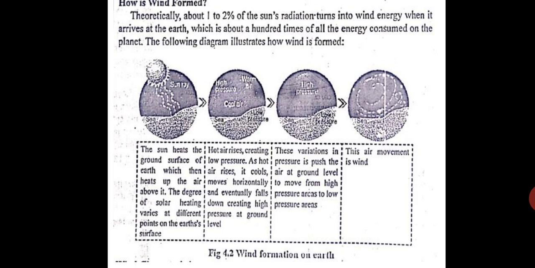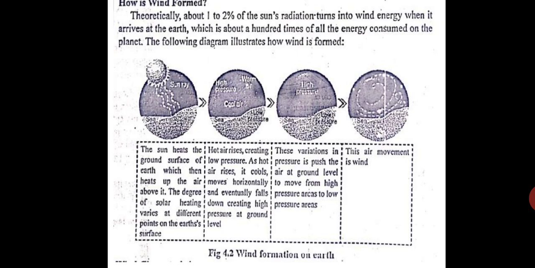The degree of solar heating varies at different points on the earth's surface, depending on the intensity of the sun falling on the earth, because you have clouds, and distance matters. So the sunlight heats the earth and the earth heats the air around it.